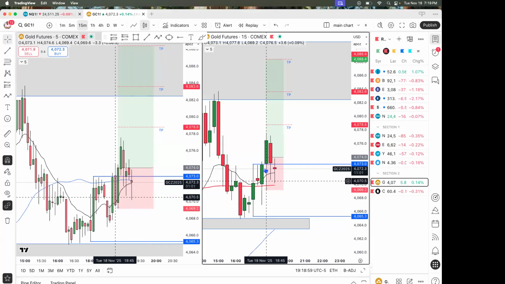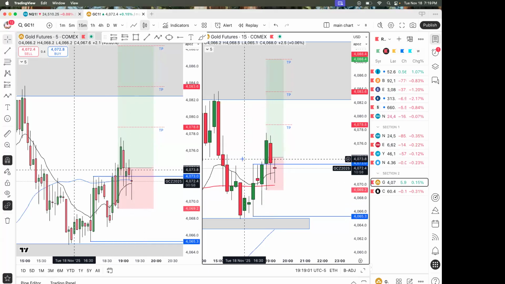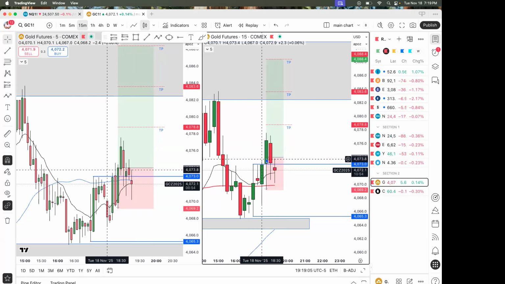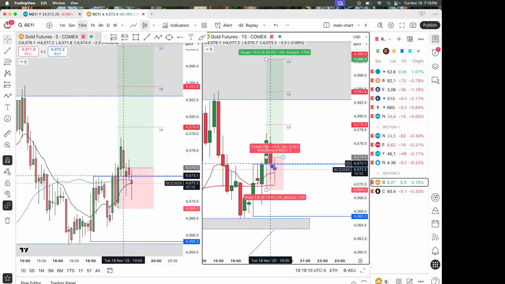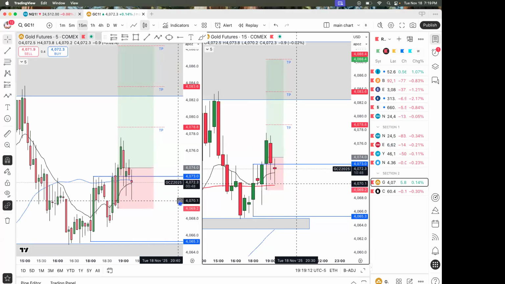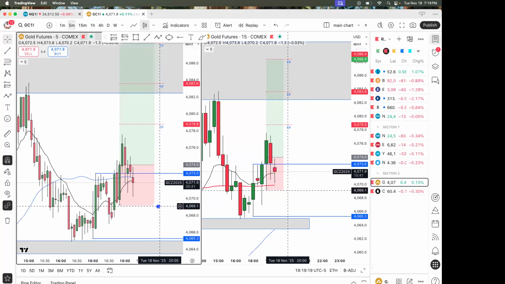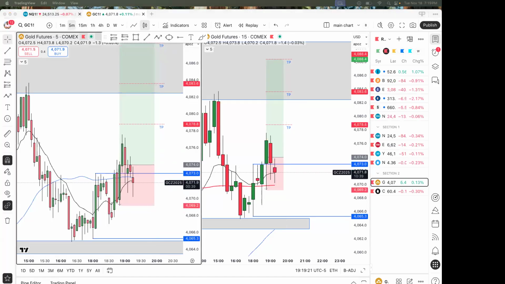So we had a candle that pushed out and then went back inside the orb and closed inside the orb on the 15 minute and on the 5 minute. Let me give you a time frame. Right at 7 o'clock, that 7 o'clock candle.